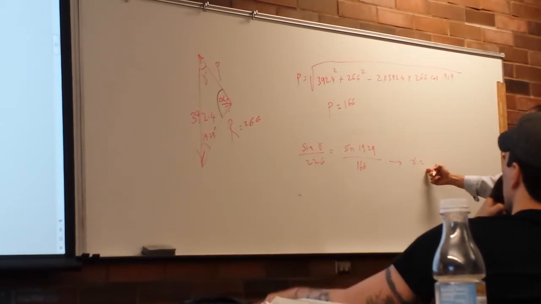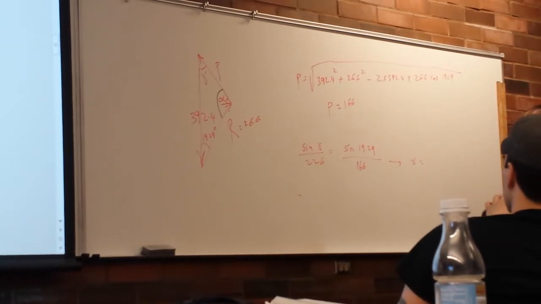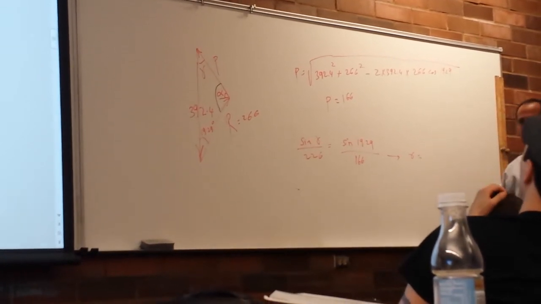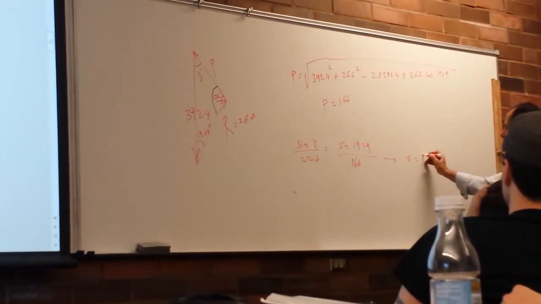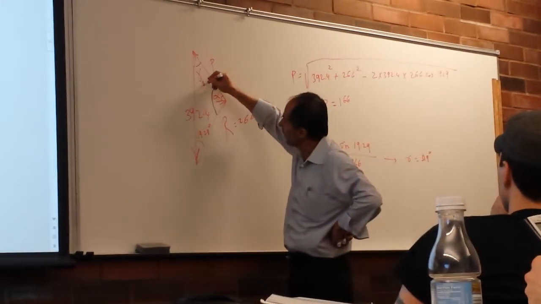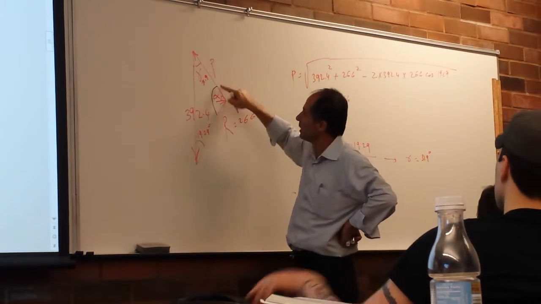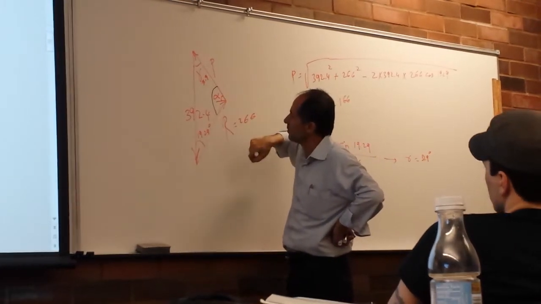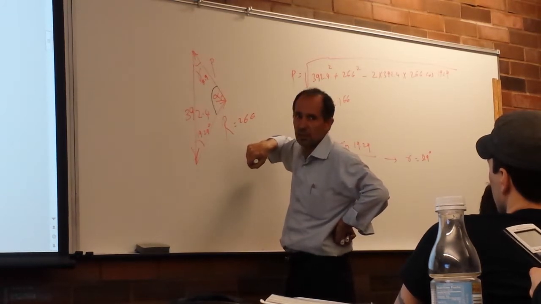What is this? Sine of gamma. What is gamma? 0.529. Get the angle out of it. 31.96. 31.9 degrees. If this is 31.9 and this is 19.3, what is this here out of 180?